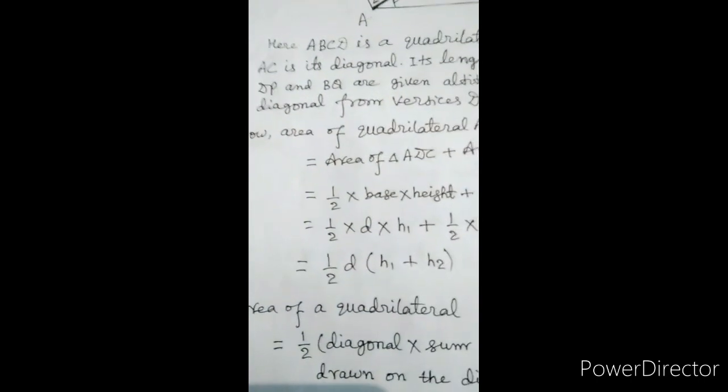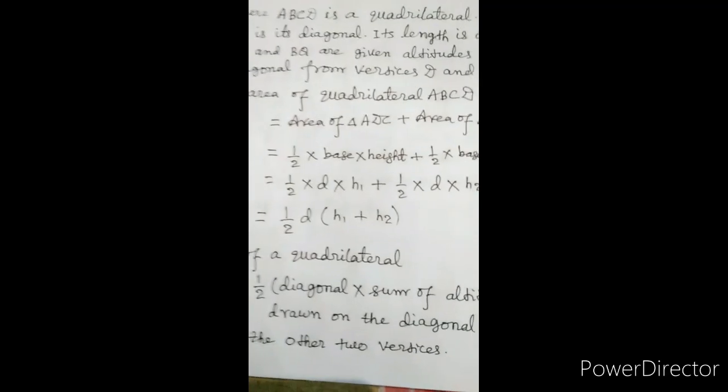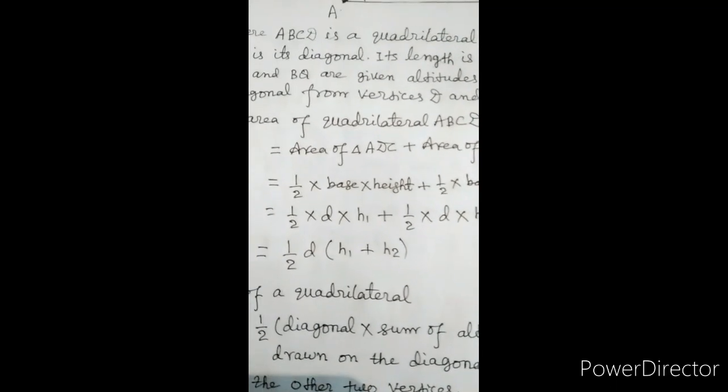It means area of a quadrilateral is half into diagonal into sum of altitudes drawn on the diagonal from the other two vertices. D and B are other two vertices, whereas AC is its diagonal. In this way, area of a general quadrilateral will be obtained.